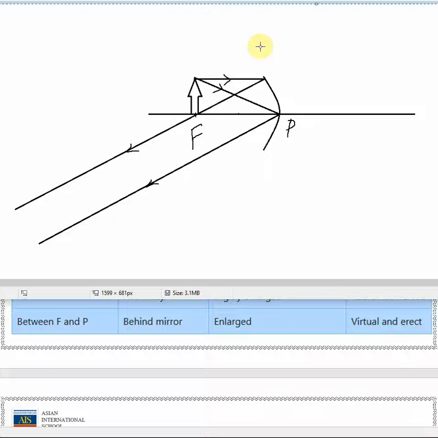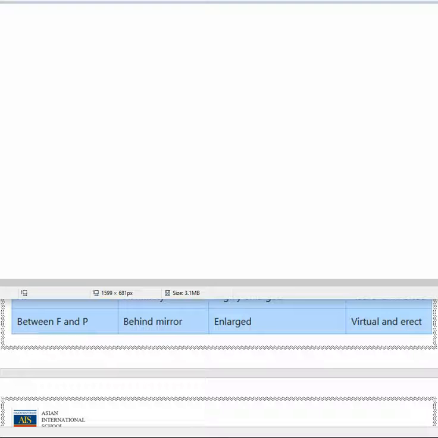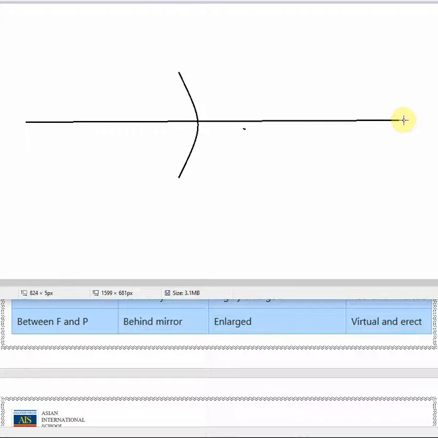Now let's do the last one, the fifth one. Alright, now the principal axis is here. Okay, I don't need this dot.